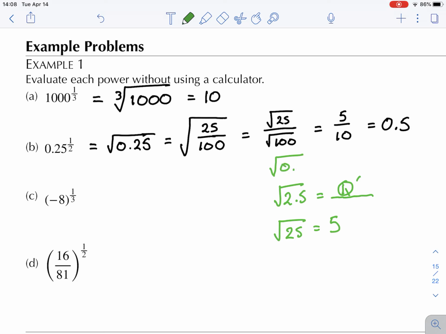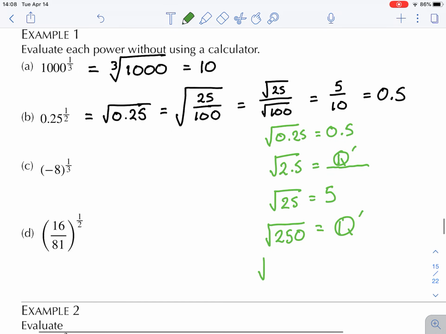The square root of 0.25 is equal to 0.5. The square root of 250 is again equal to some irrational number. But the square root of 2500 is equal to 50.